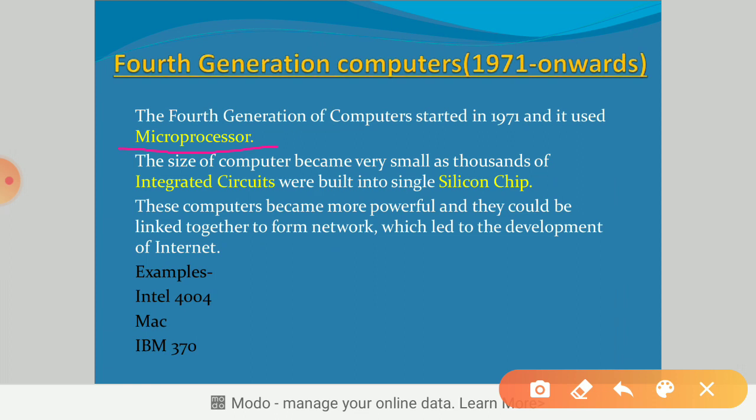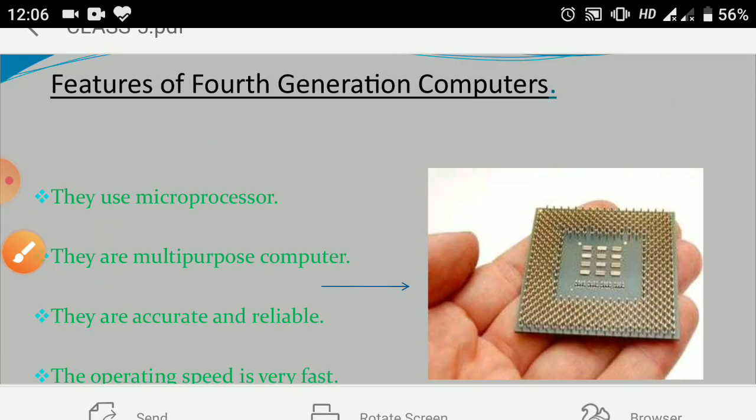The size of computers became very small as thousands of integrated circuits were built into a single silicon chip. These computers became more powerful and they could be linked together to form networks, which led to the development of the internet. Intel 4004, Mac, and IBM 370 are examples of fourth generation computers.